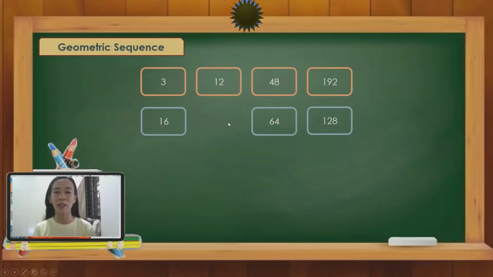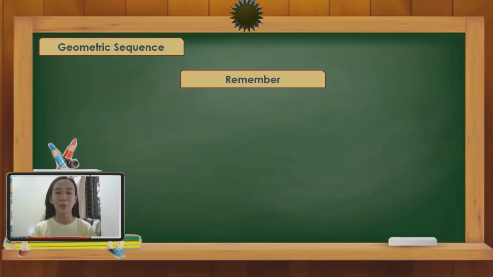Our second term is 64 divided by our common ratio, or 16 times our common ratio. Our second term is 32.